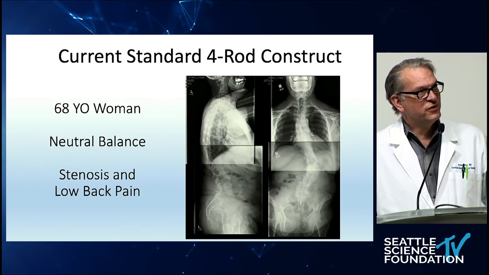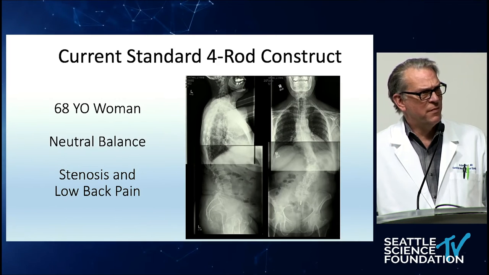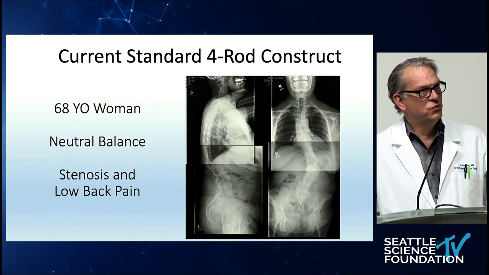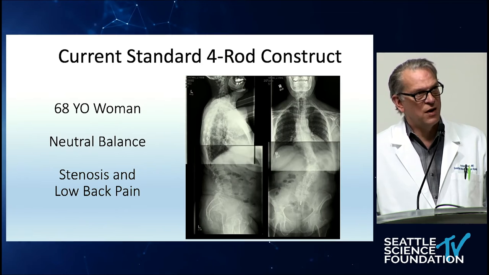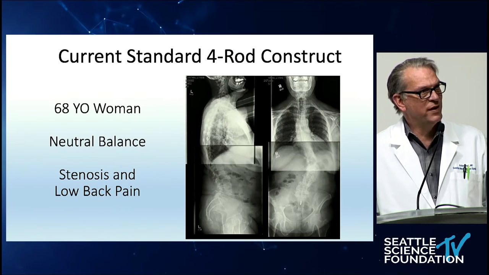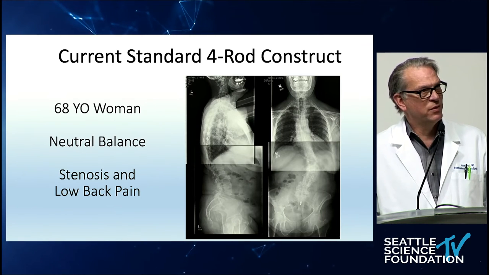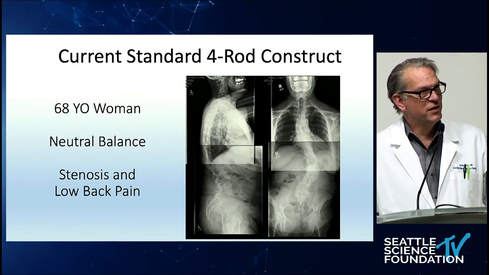Here's another example of my current approach to instrumentation across the lumbar spine. This is a woman mainly with neurogenic claudication, but with a significant deformity that makes simple decompression not an option.